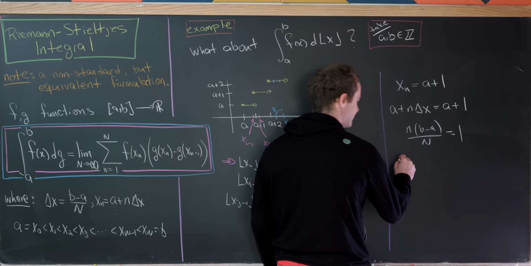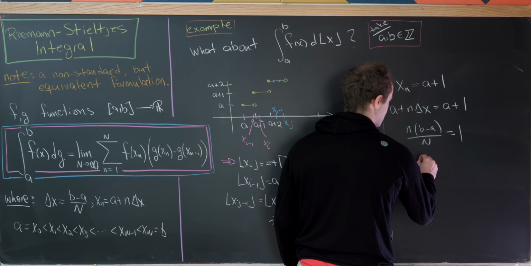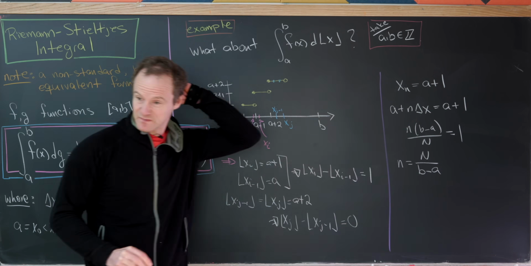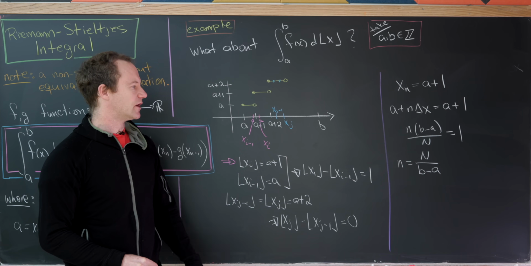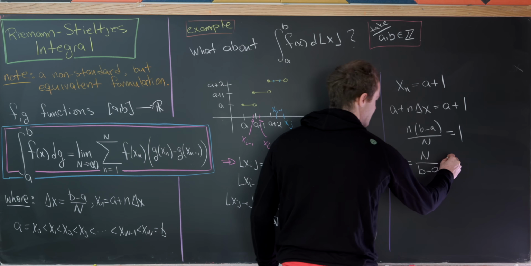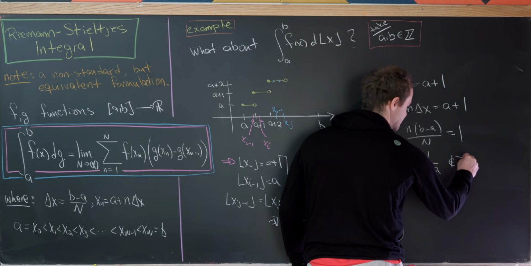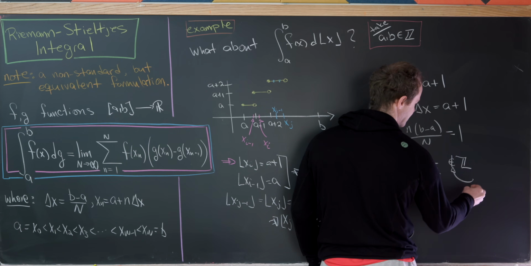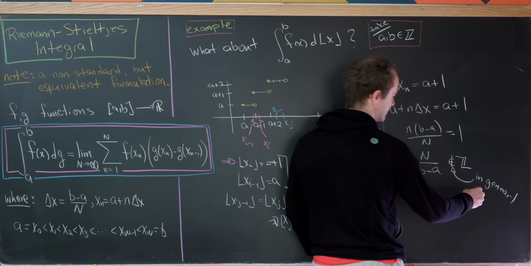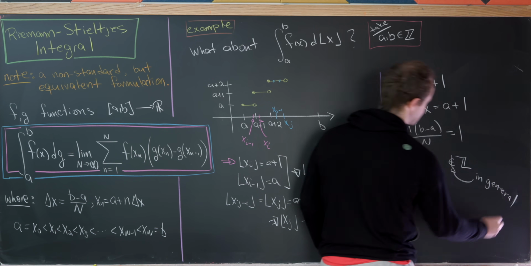Which means, in fact, we'll need n to be equal to capital N over b minus a. Okay, so that in itself is pretty interesting, because in general, this is not an integer. Well, really not a positive integer.